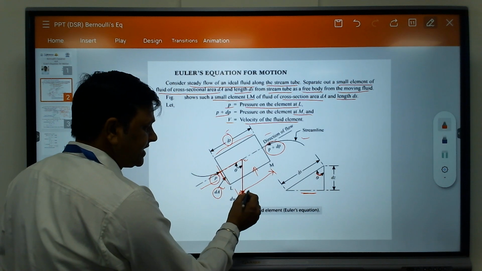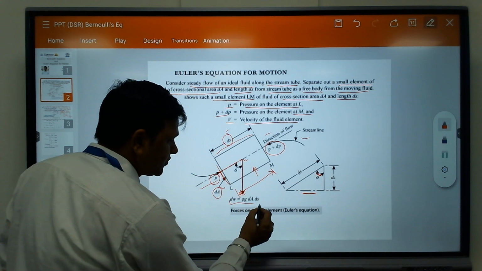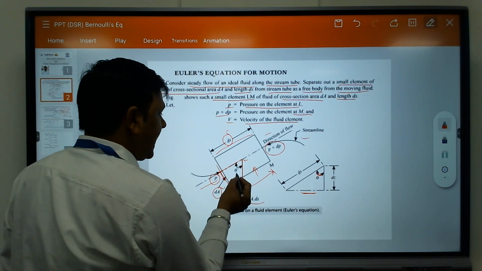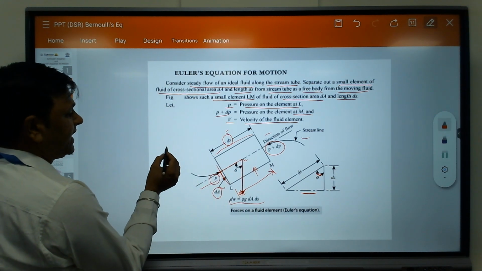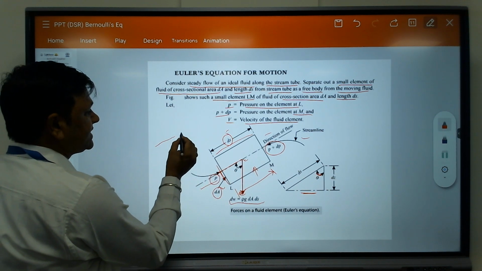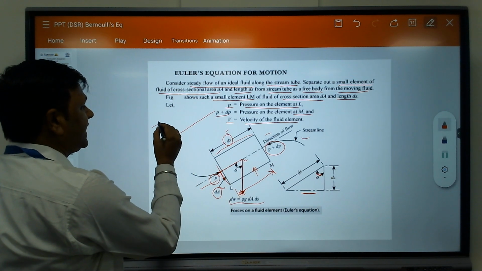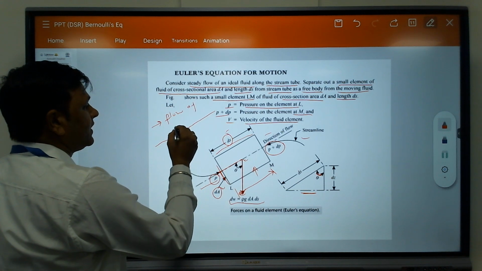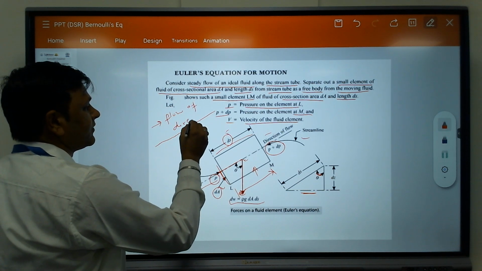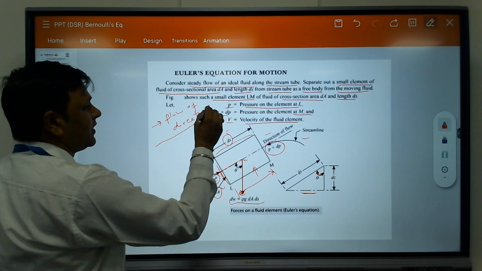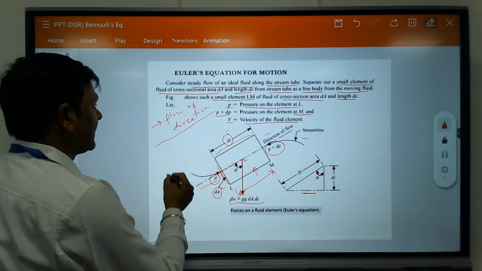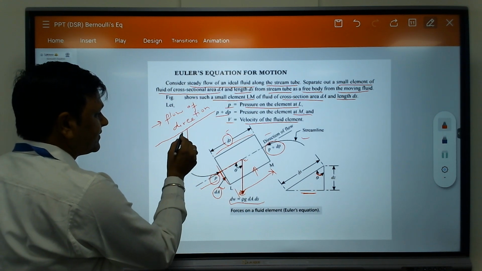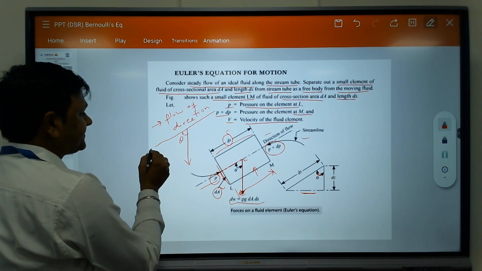Suppose dW is equal to rho g dA ds, and suppose this is the direction of flow, and this is the weight, with angle theta.